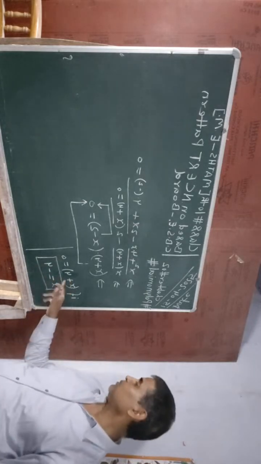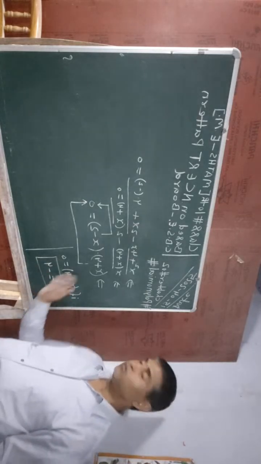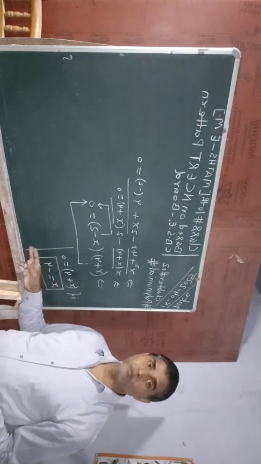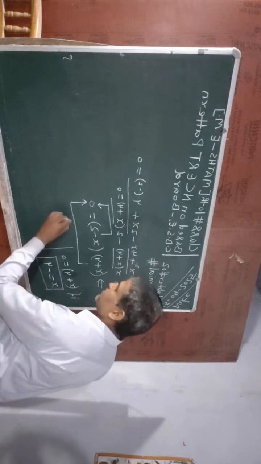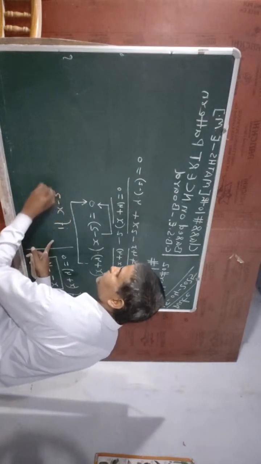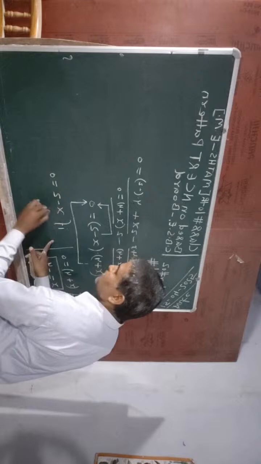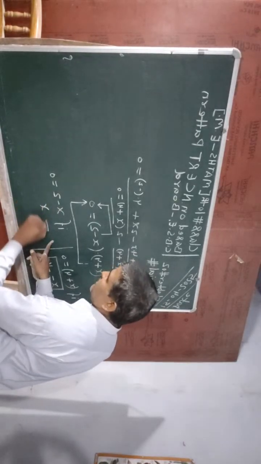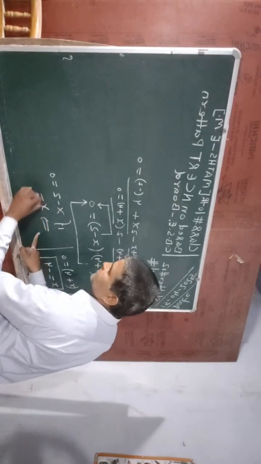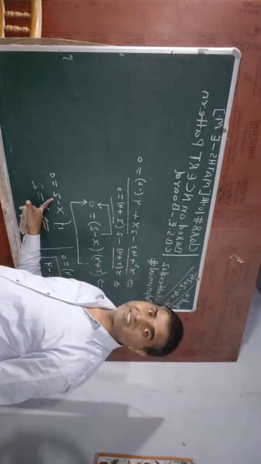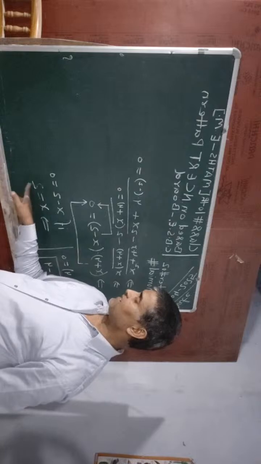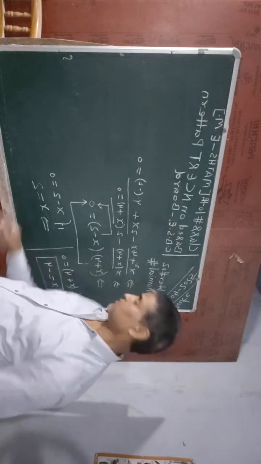It means that if here will be minus, it will go to the right hand side and become plus. Okay, student, similarly here if x minus 2 is equal to 0, then x is equal to 2, because here 2 has a minus sign on the left hand side, so it will go to the right hand side as plus 2.